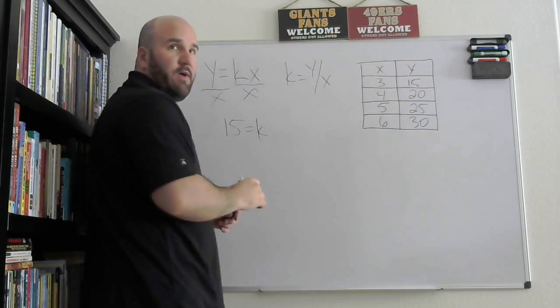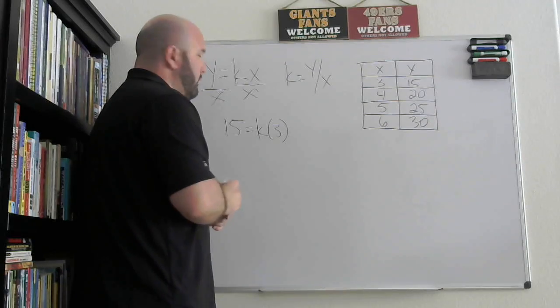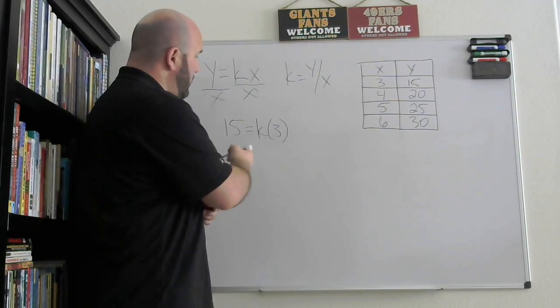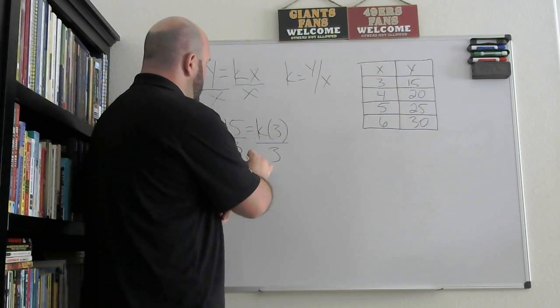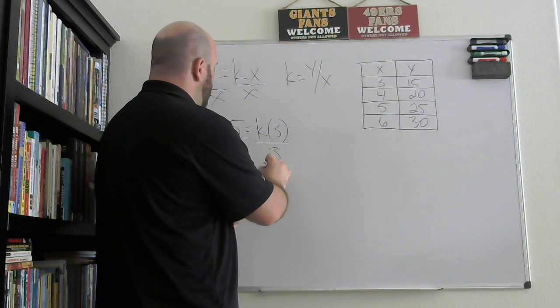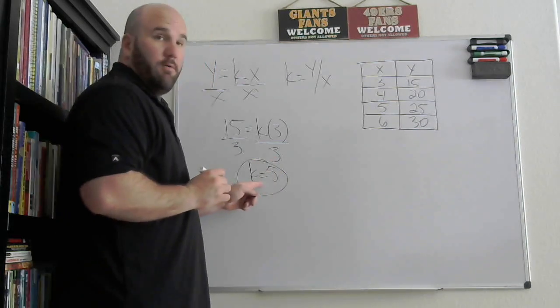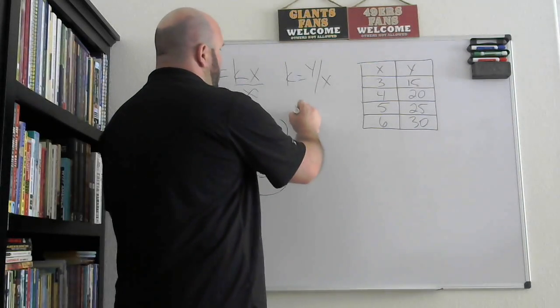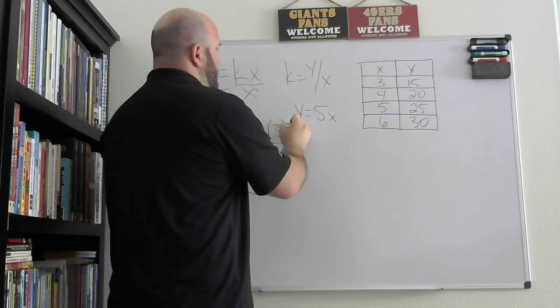Okay, and what is our x value? 3. So k times 3. We want to know the value of k, so what do we do? Divide by 3, divide by 3, k equals 5. What can we do with that? Now we can say y equals 5 times x.